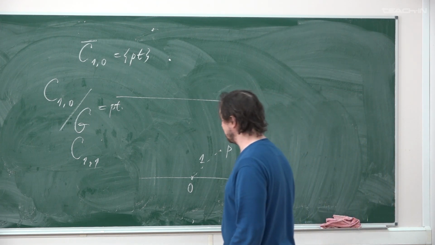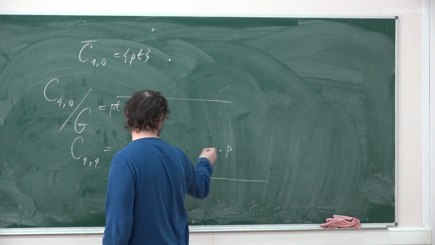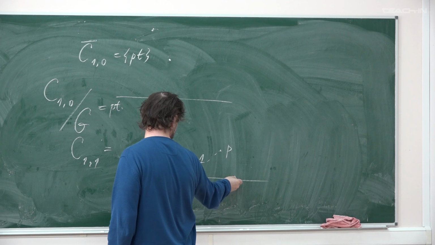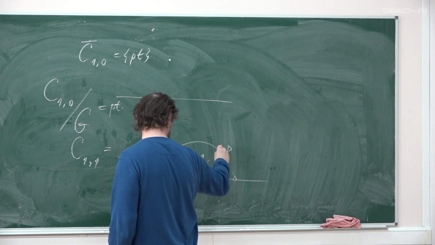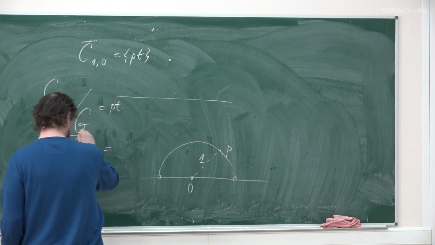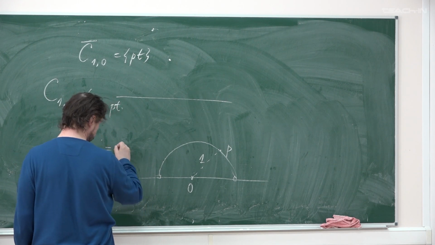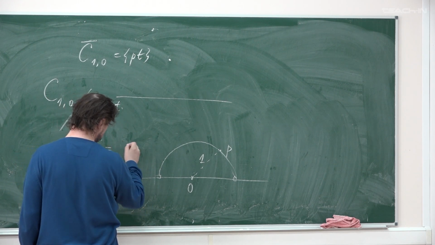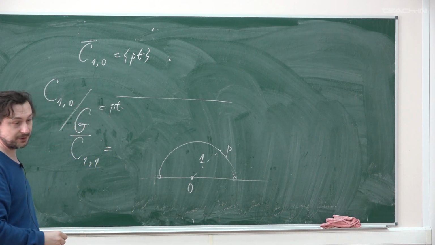So this space before compactification will be equal to the half circle arc. It is so even before the compactification. So when you take the closure, you'll get the half circle, or just the segment, because topologically, half circle and the segment are the same.